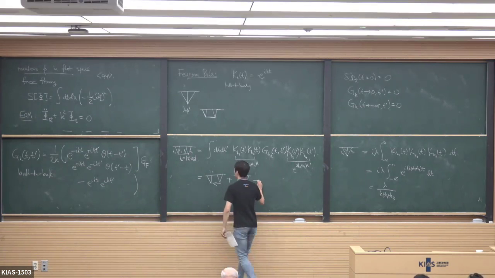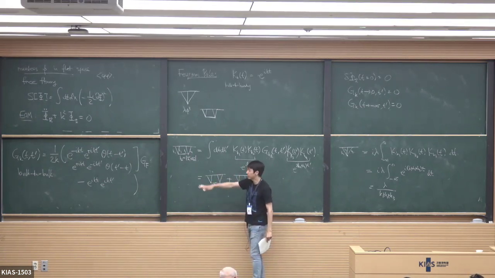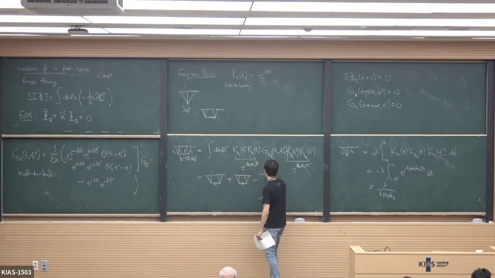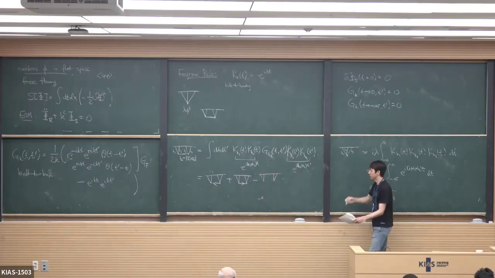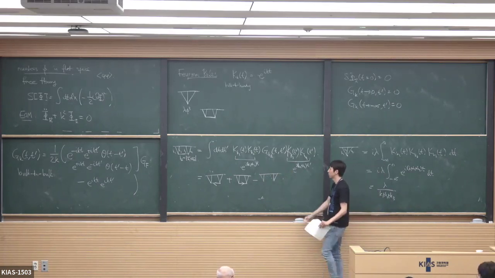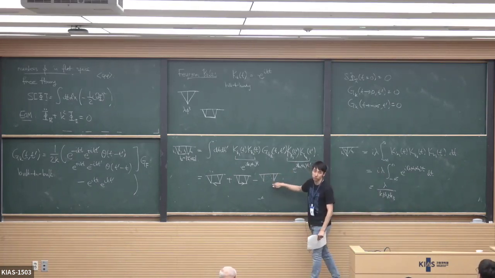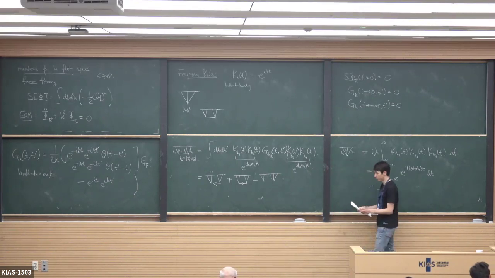And then the last term with an opposite sign is the term that is disconnected in this way. There's no time ordering, so it just becomes factorized into just the product of the 3-point functions.